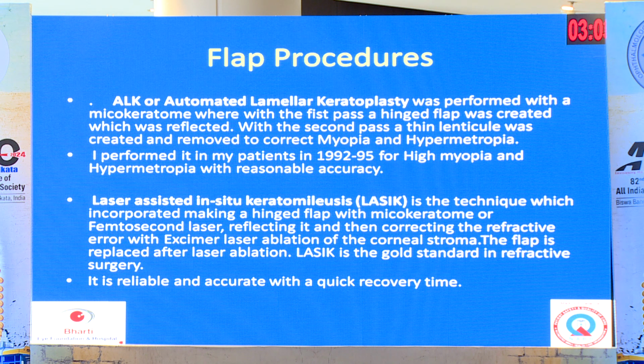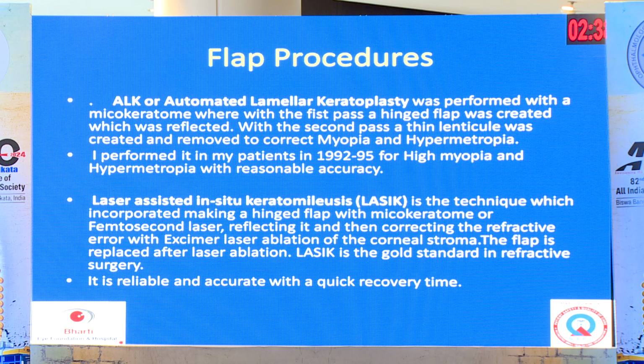Now flap procedures. I started doing automated lamellar keratoplasty, where one pass was to make a flap and the second pass was to cut a lenticule, and then the flap was kept back. This was initially for hyperopia as well as myopia. If you made a very thick flap, about 350 microns, the whole cornea bulged because of the thickness of the top flap.